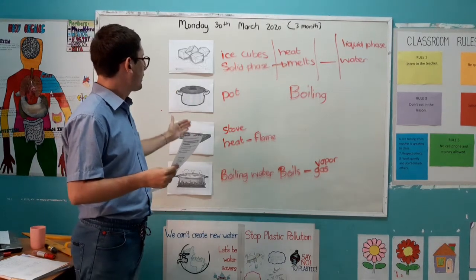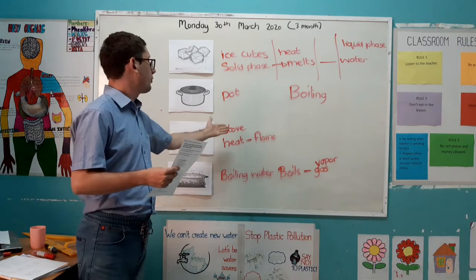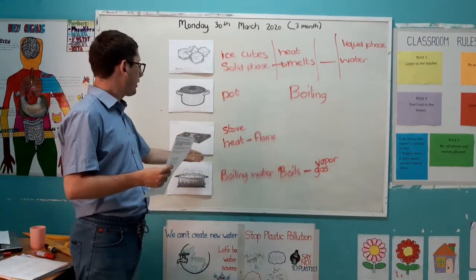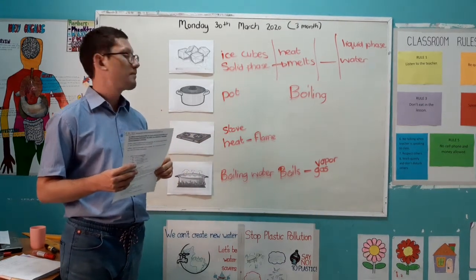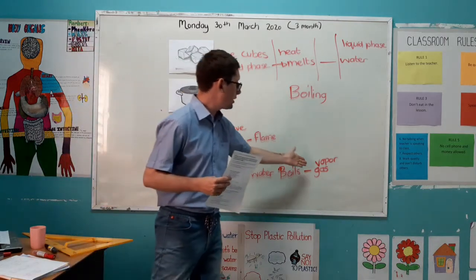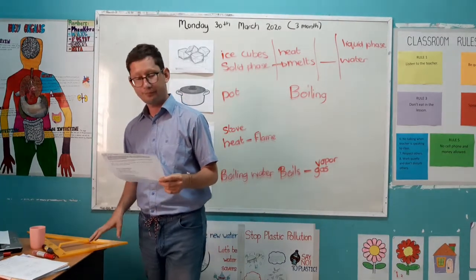You have a pot and a stove. So the stove gives us heat in the form of a flame. And boiling water, it boils and the water becomes a vapor or a gas. Gas is also a phase which is the gas phase.